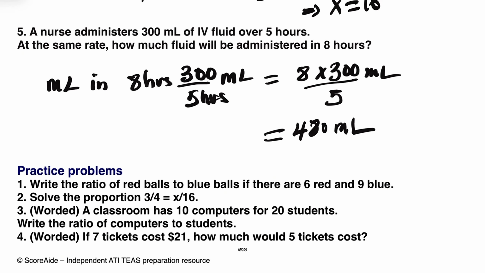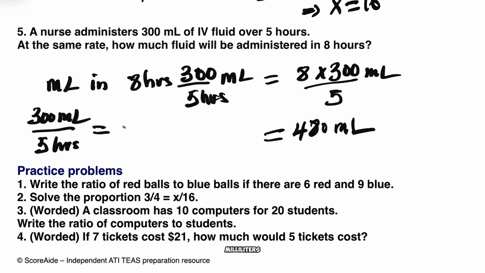So again, you can also solve this problem by creating a proportion, right? You can also say 300 milliliters, all this divided by what? 5 hours is the same as, remember, milliliters need to be on the top part of the fraction on the right hand side.